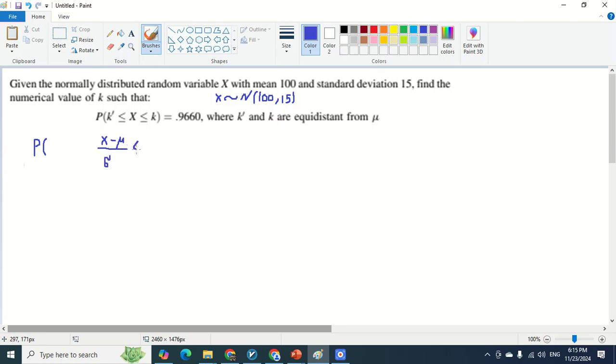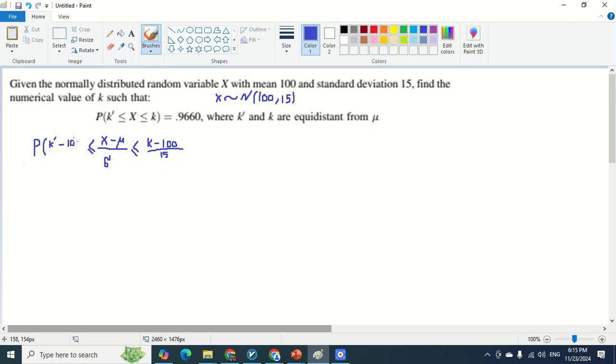So you should do the same thing with the numbers at the right and left side of this expression. At the right side I have k minus 100 over 15, and at the left side of this inequality we have k prime instead of k, so we have k prime minus 100 over 15.